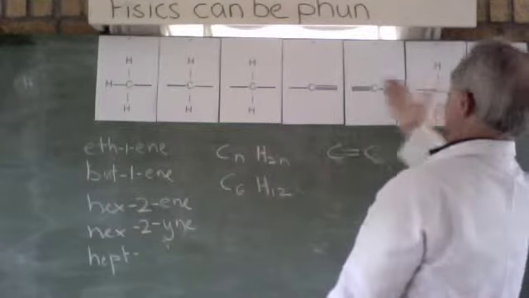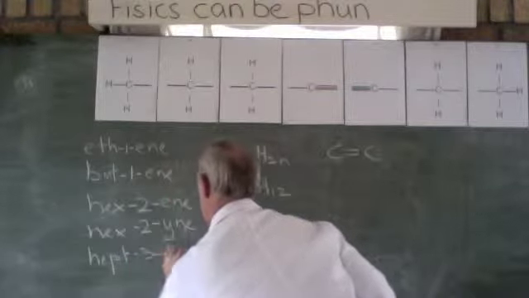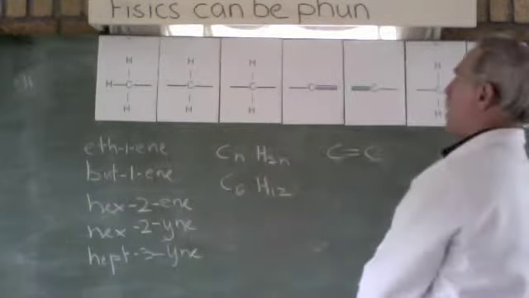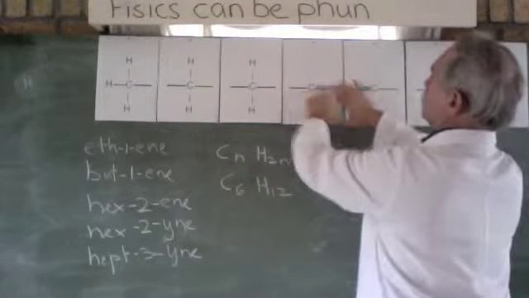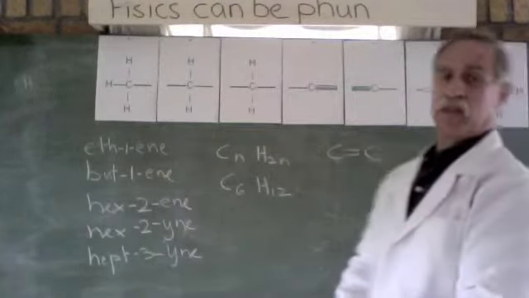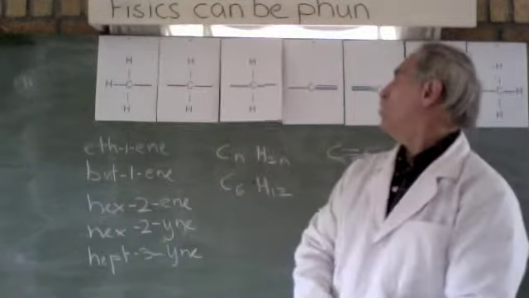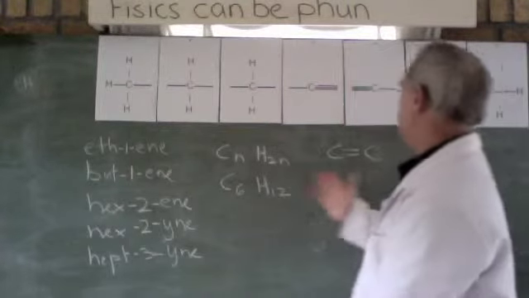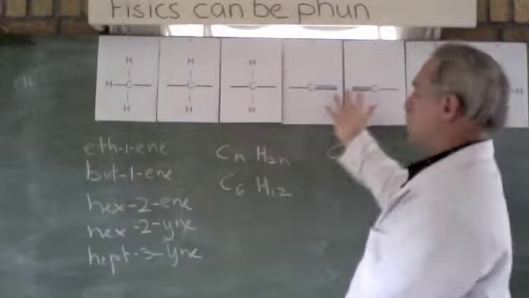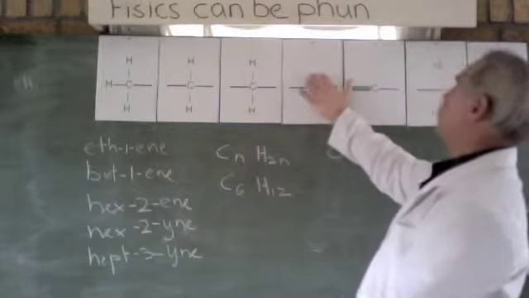Now, what carbon is the triple bond on? 1, 2, 3, hept-3-yne. Notice each carbon still has 4 bonds. Everything still balances perfectly. The hydrogen has 1 bond. All the carbons have 4 bonds. And so that is the nomenclature for the alkynes, very similar to the alkenes.